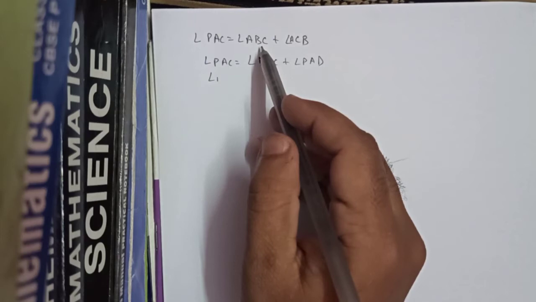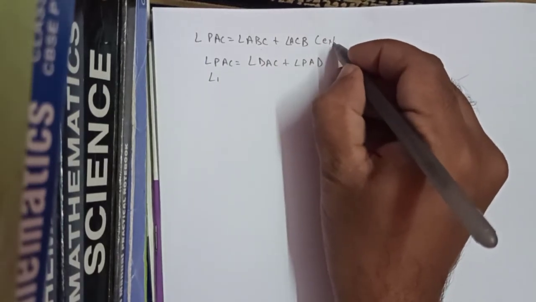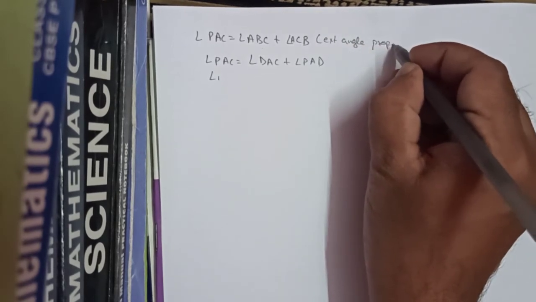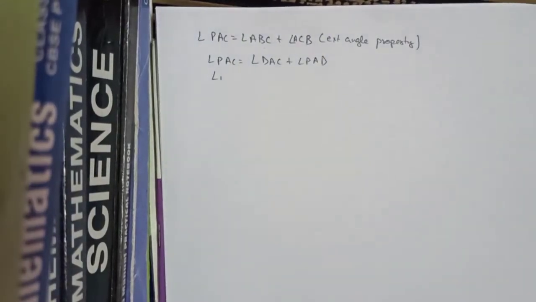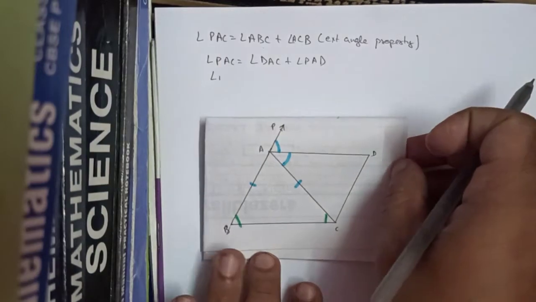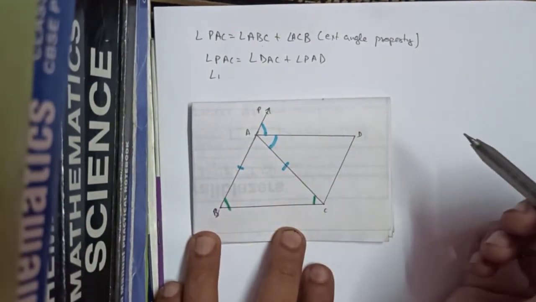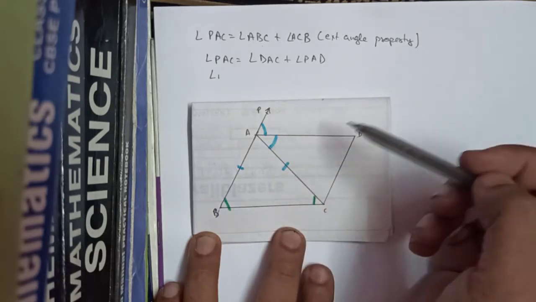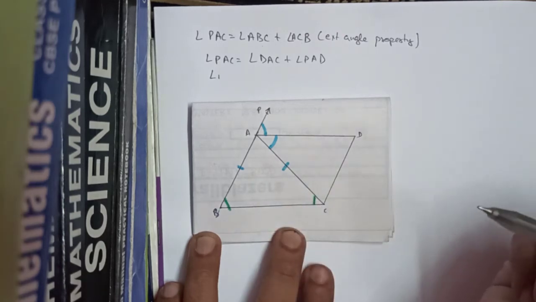Angle PAC is equal to angle ABC plus angle ACB by exterior angle property. The exterior angle of a triangle is equal to the sum of interior opposite angles.